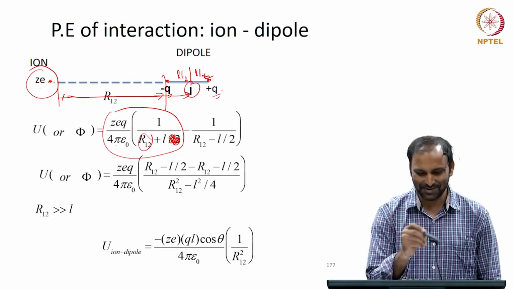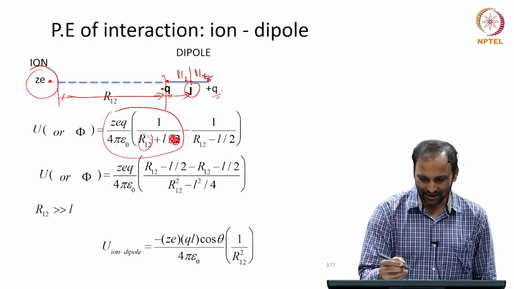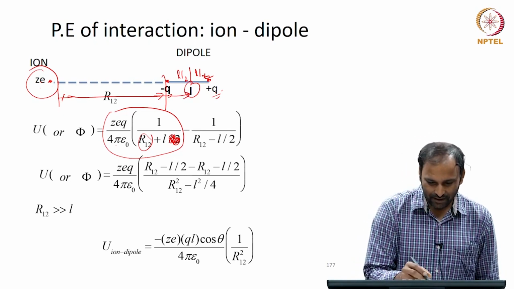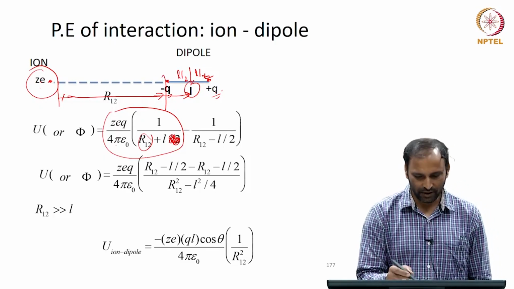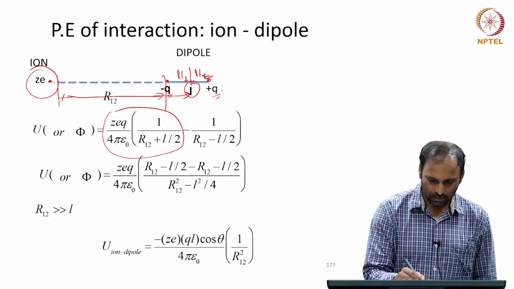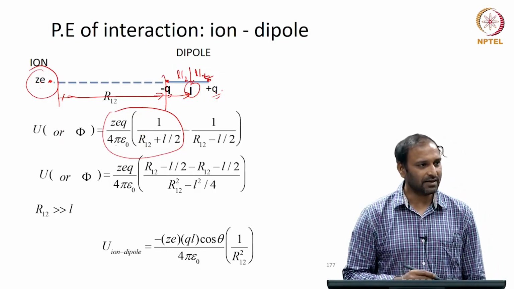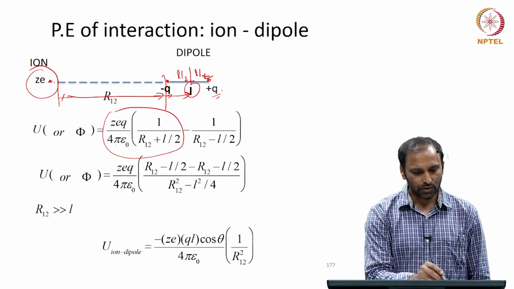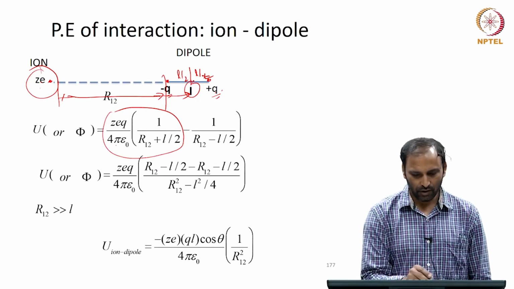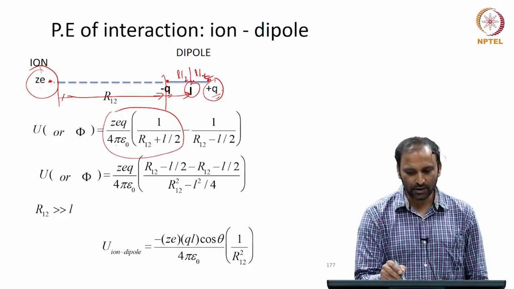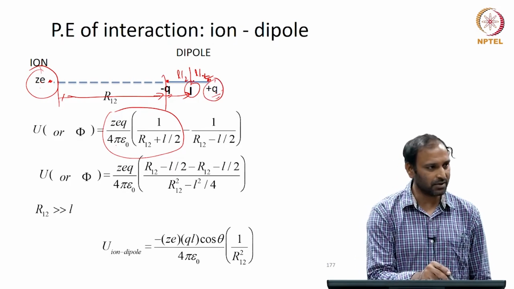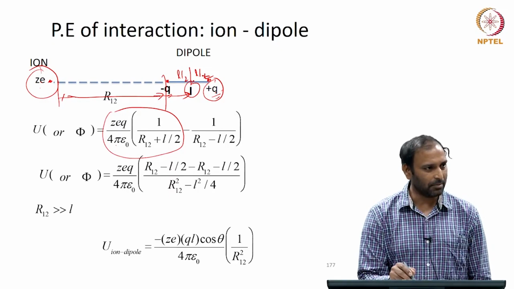So, now if I look at this, let's do that. If R12 is the distance from the center of the dipole to the ion, therefore the distance that the plus q is from the ion is r12 plus L by 2.